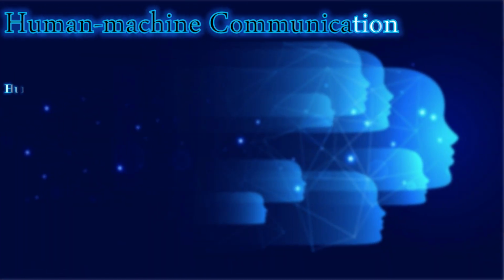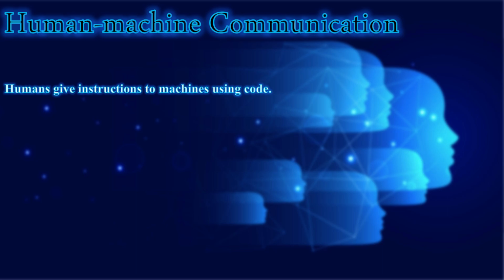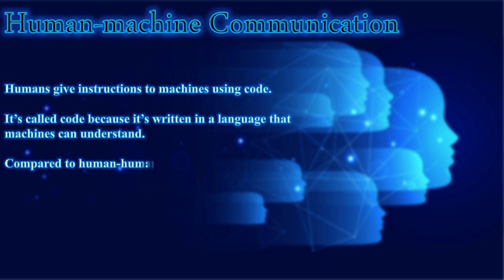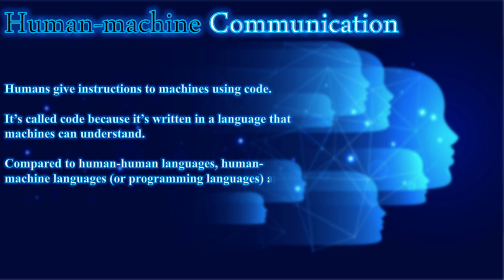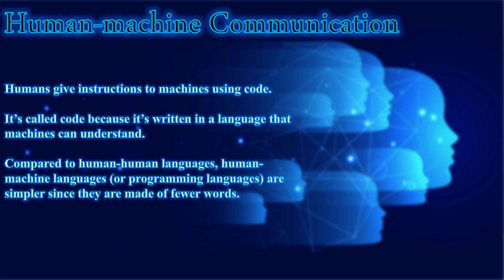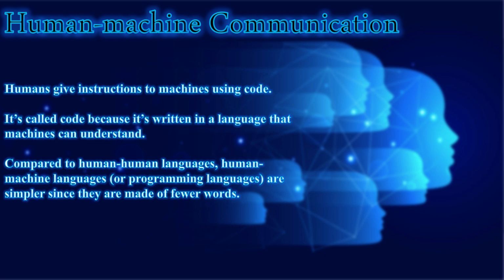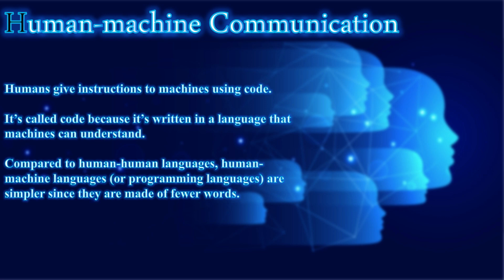So let's get started. Human-machine communication. Humans give instructions to machines using code. It's called code because it's written in a language that machines can understand. Compared to human languages, human-machine languages or programming languages are simpler since they are made of fewer words.